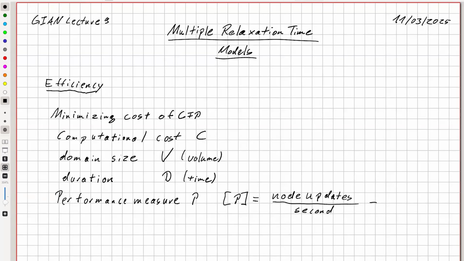So how many nodes you can update in a second. This depends on your code, and it depends on your computer, and this is called NUPS, node updates per second.